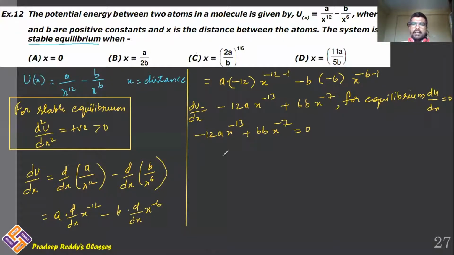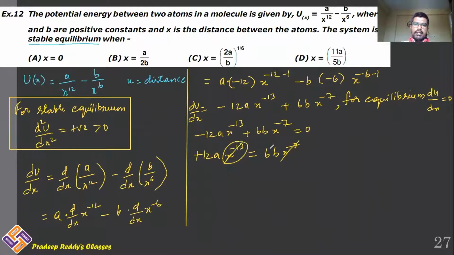Now equilibrium is that position where du by dx is equal to 0. So that is minus 12a x power minus 13, or this becomes plus, and this is equal to 6b x power minus 7. And x power minus 7 gets cancelled. What is left over here?